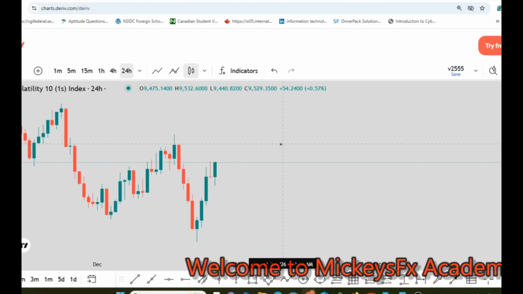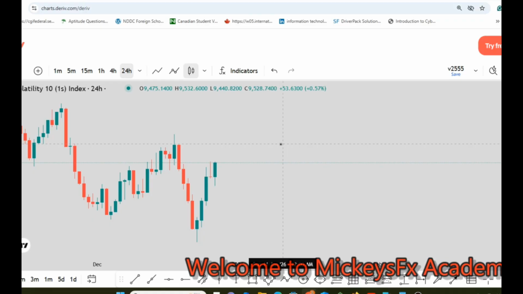Also, if you're analyzing on the daily time frame, your entry time frame is supposed to be the 1 hour time frame. Then if you're analyzing on the 4 hours, your entry time frame is supposed to be 15 minutes.